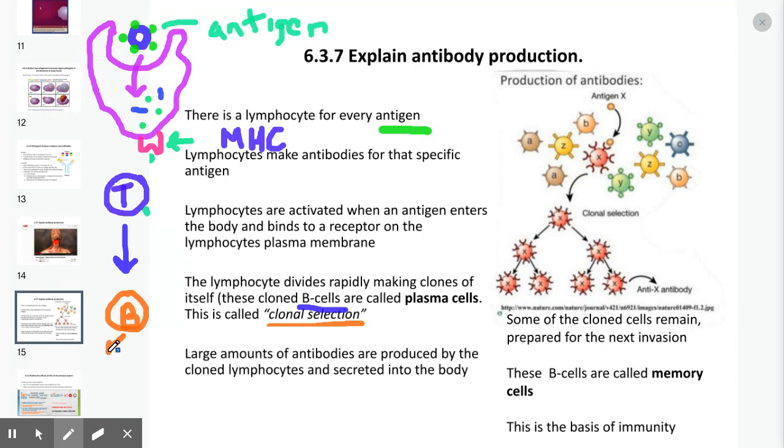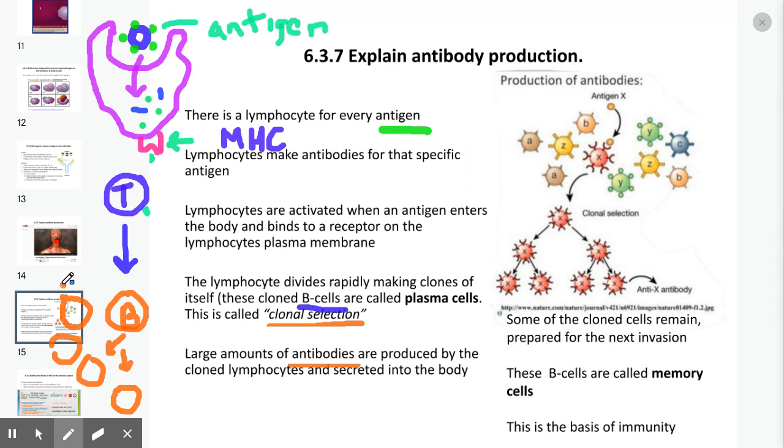So it's making clones. So here's another B cell. And here's another B cell. So you make all of these B cells, probably hundreds of millions of them, that will all end up producing the antibody for that specific antigen.